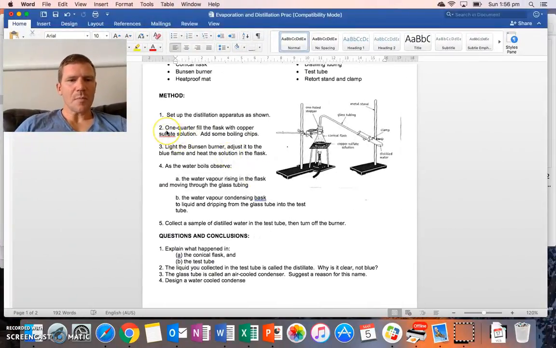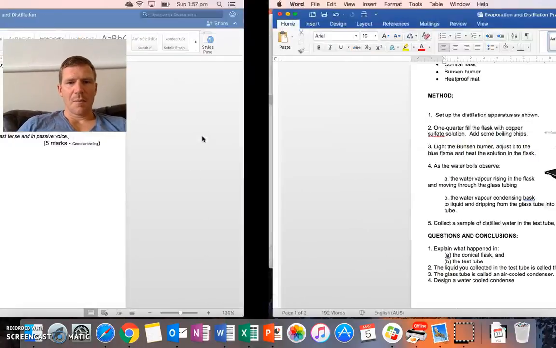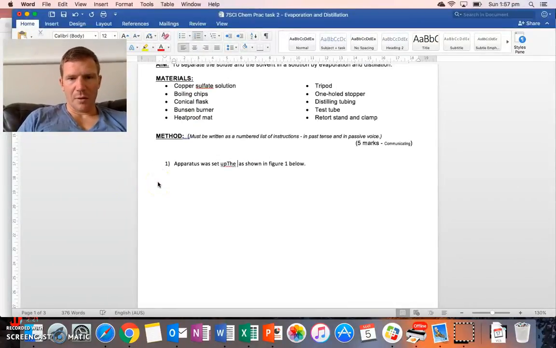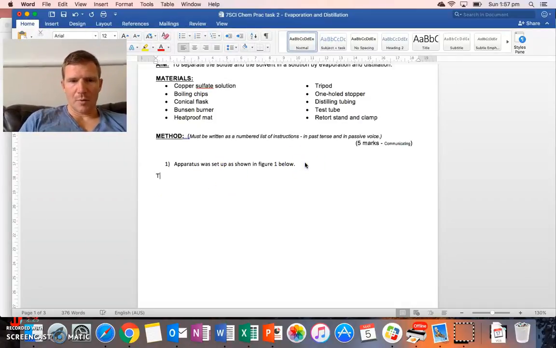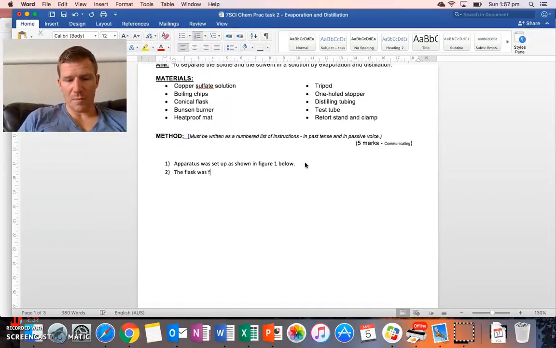Next one, the instruction is 1/4 fill the flask with copper sulfate solution. So I could turn around and write: the flask was filled with copper sulfate solution until it was, what did it say?